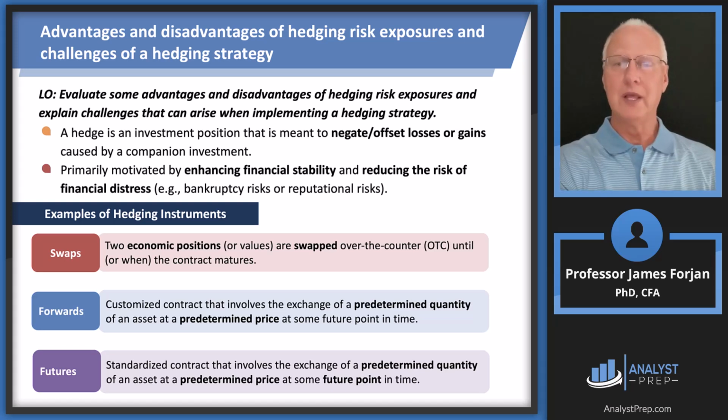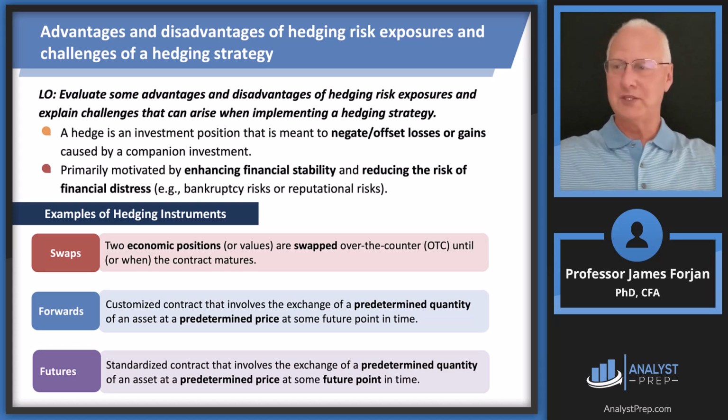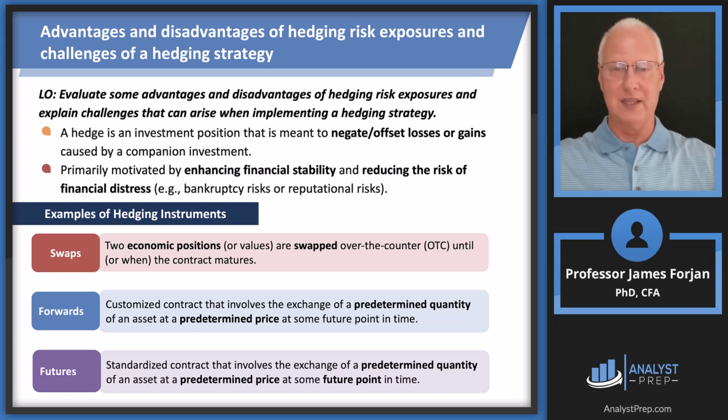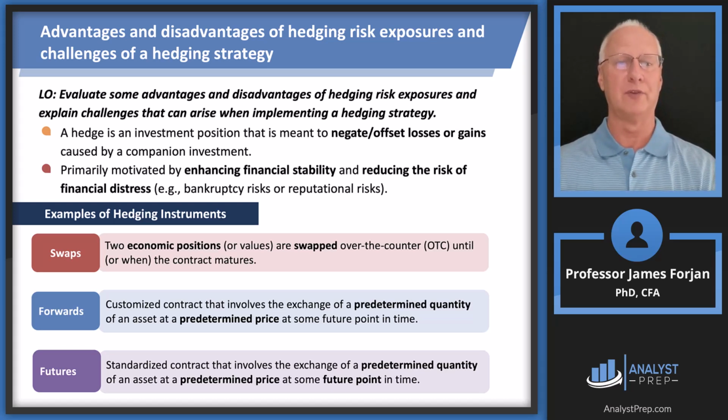What you can do is layer your spot position with a derivative security. We lay a derivative on top, which takes our volatility from this much all the way down to this much or this much. If you have a perfect hedge, you can completely eliminate whatever that underlying risk is.